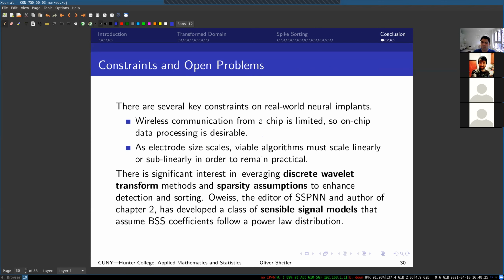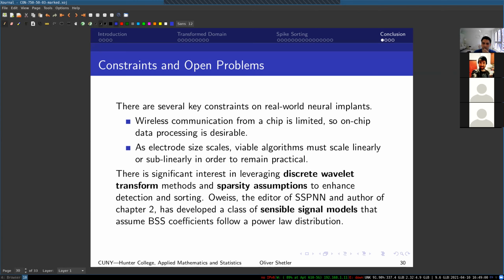So with these algorithms, it's not just about finding the optimum, the way that you might in big data science, where you have a supercomputer or a cloud array that you can just throw at any problem. You're going to want to find really fast and clean techniques that also make a fair trade-off with the optimality of the estimators. The other thing is that as electrode size scales, viable algorithms are going to need to scale linearly or sublinearly in order to remain practical.